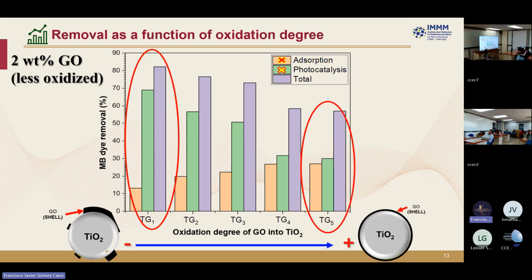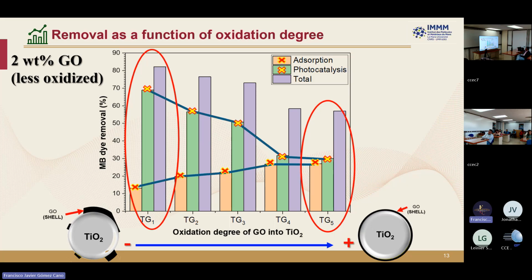On the contrary, those with higher oxidation demonstrate better absorption but lower efficiency in photocatalysis. So in summary, we notice a clear trend. As the oxidation degree of graphene oxide increases, the absorption performance improves, but at the same time, the photocatalytic efficiency decreases, as we can see in this trend.